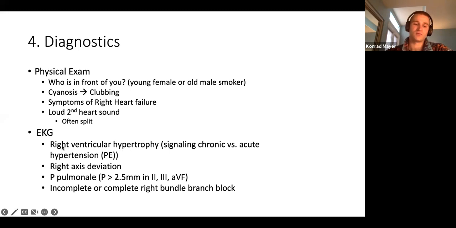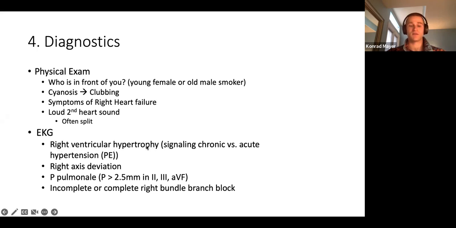And we would not have right ventricular hypertrophy in any acute right heart demand, such as a pulmonary embolism. So right ventricular hypertrophy takes time to develop and is something that is seen in pulmonary hypertension.